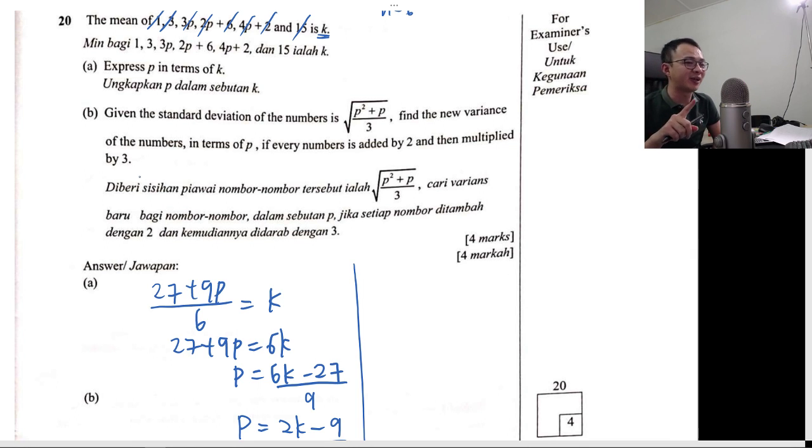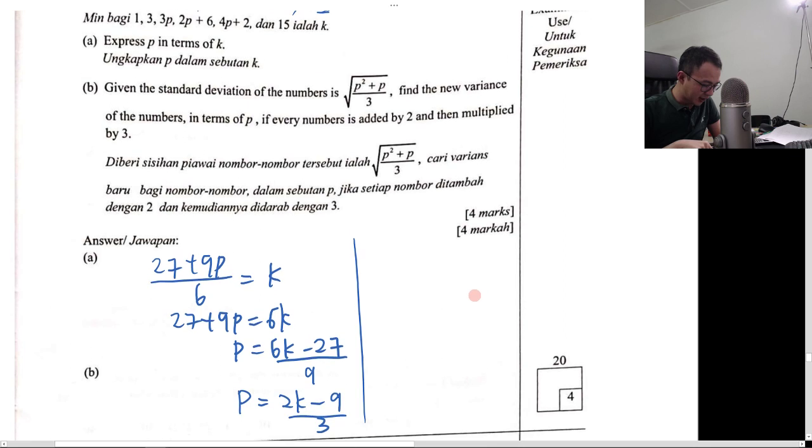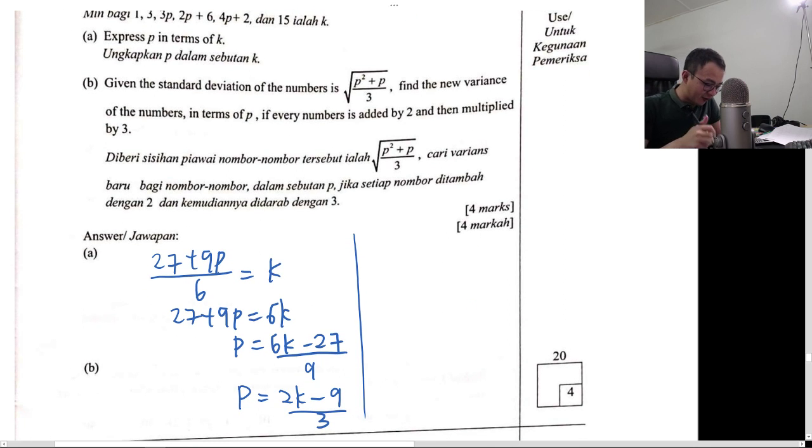So remember, whenever you have standard deviation or variance, the plus or minus you can always ignore. Okay, so because I want to find a new variance, my original variance is this standard deviation squared. Should be p squared plus p over 3. So I say ignore plus or minus. You just focus on multiply.